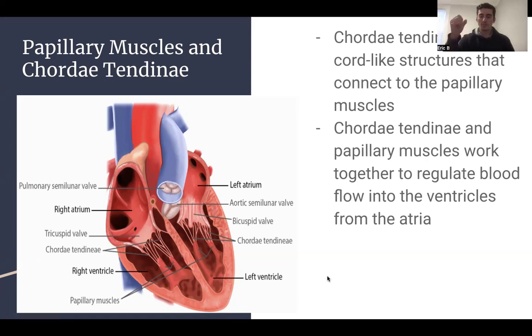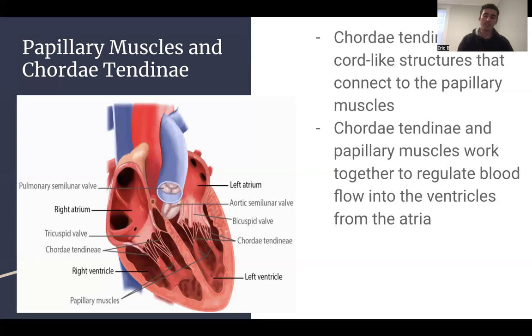We open up these valves through the chordae tendineae and the papillary muscles to allow blood to flow into the ventricles. What this does is help regulate the amount of blood that flows into the ventricles from the atria, because we don't want backflow, since that might cause arrhythmias and problems with blood flow and how the circulation occurs.